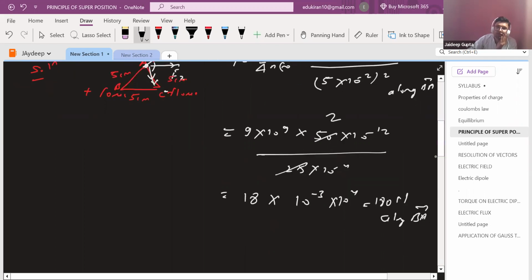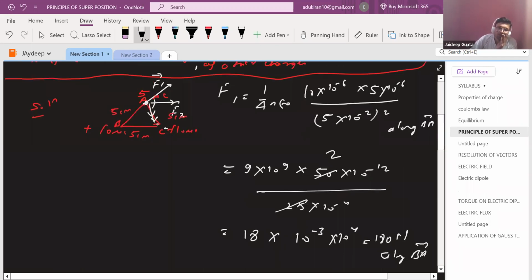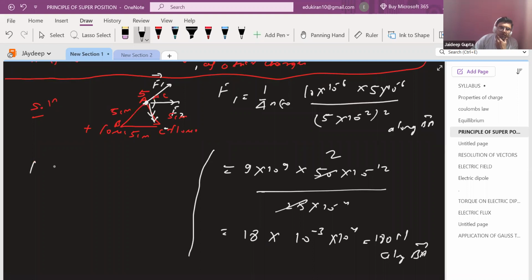Now, F2 will be equal in magnitude because the charges are the same and the distance is the same. F1 is like this and F2 is like this, and the angle between them is 120, because this is 60, this is 60, this is 60, and that is a linear pair, so it would be 120.